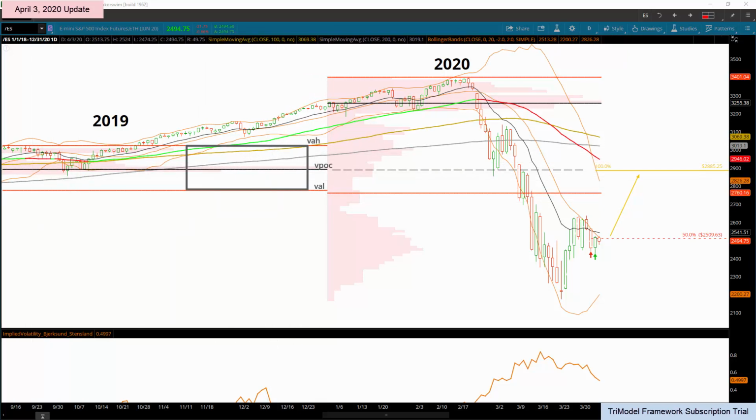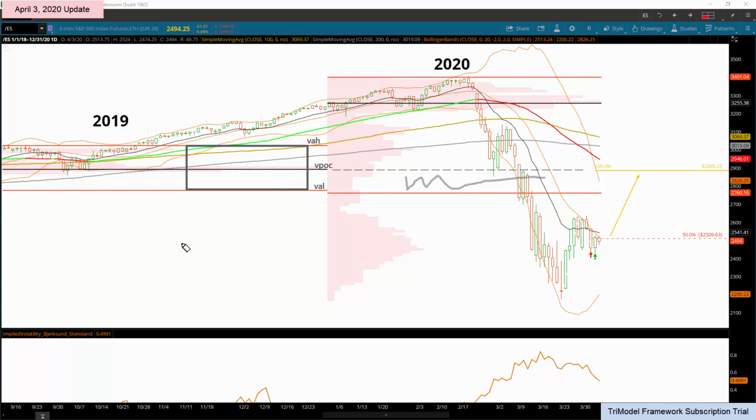Now, remember, we are in an earnings recession, okay? So, at best, the best you could possibly hope for with some sort of miracle is an end to the year at a no growth level. The no growth level is right here somewhere.